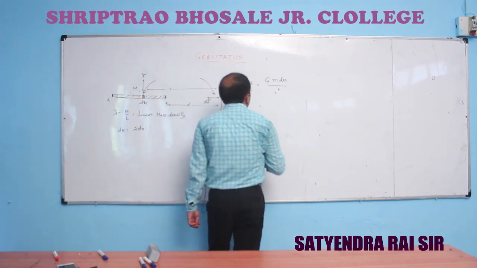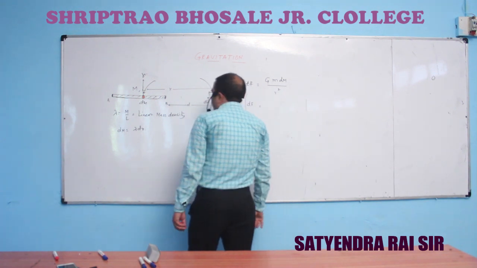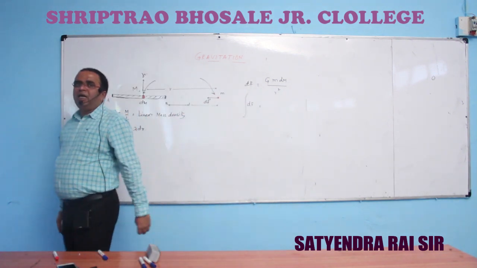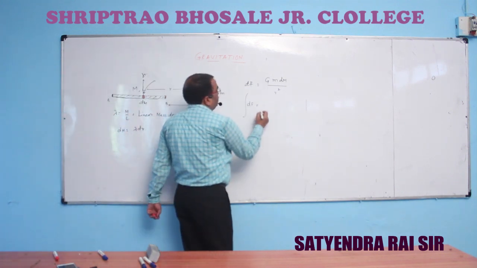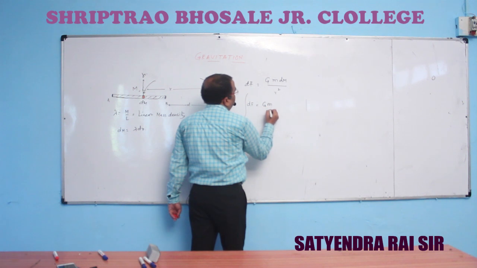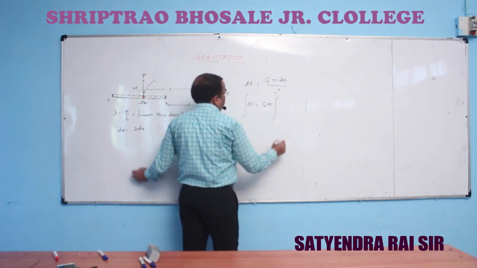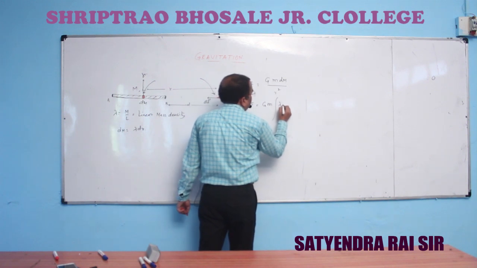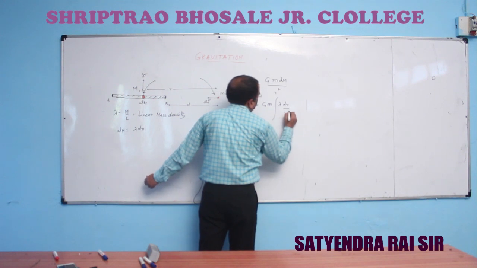Now, the force due to the whole rod will be obtained by integrating both sides. dF is equal to G small m into dm, and dm is lambda dr, so this will be lambda dr upon r square.